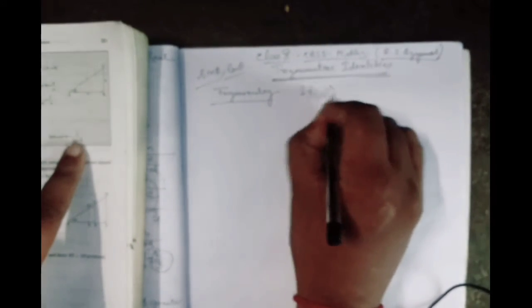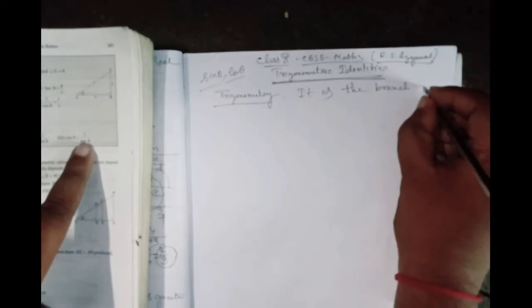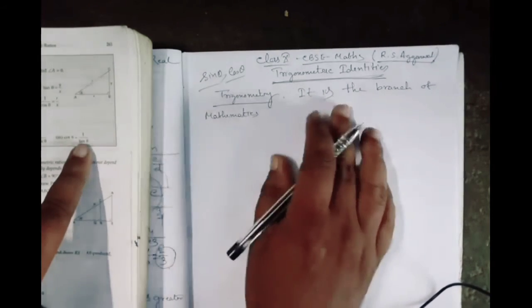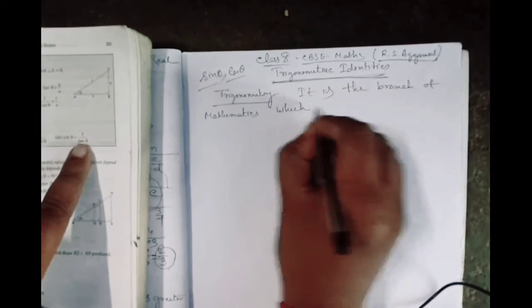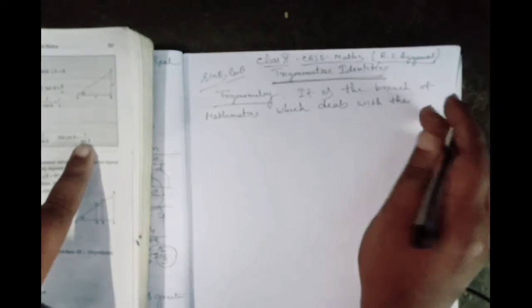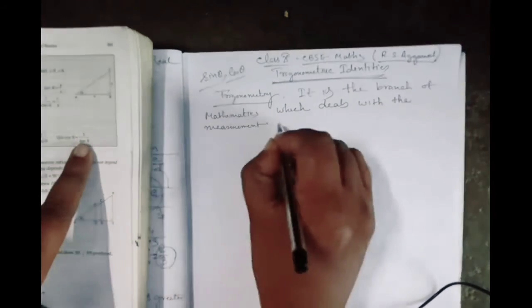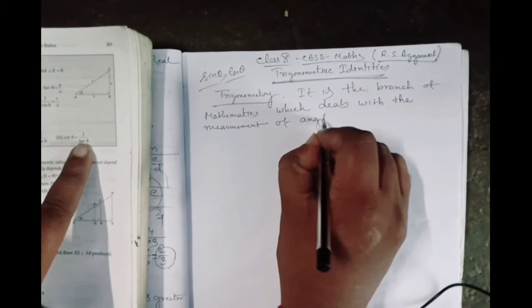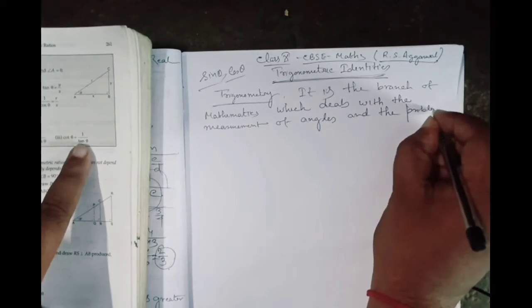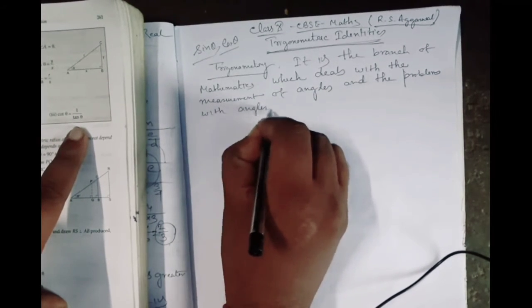It is the branch of mathematics which deals with the measurement of angles and the problems with angles.